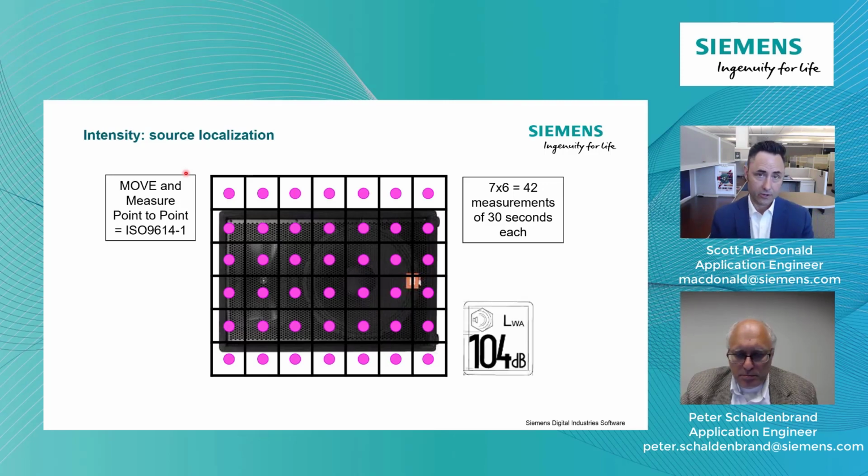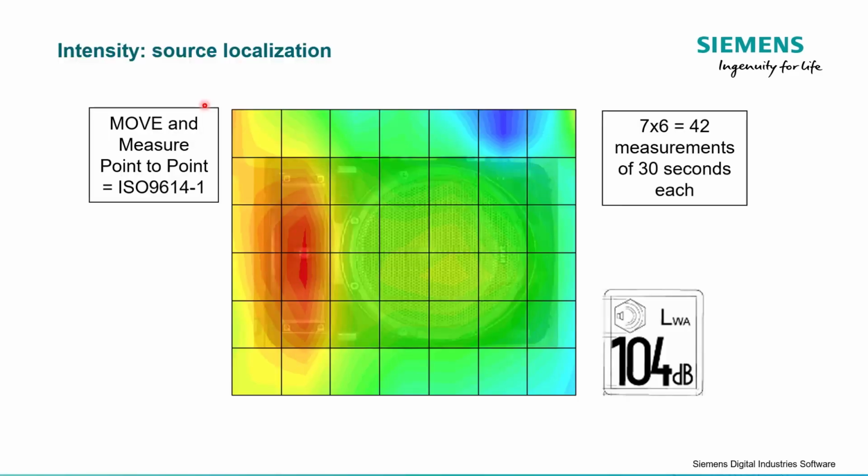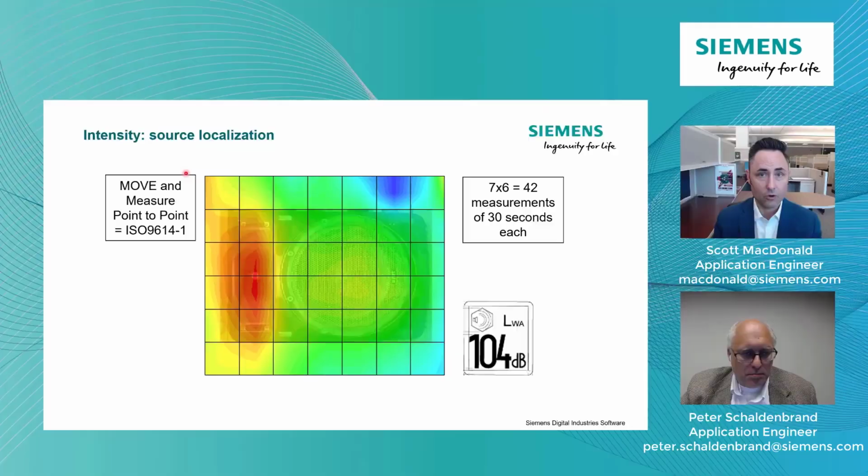I can certainly calculate sound power, but it also allows me to do something like this, where I can now say how much sound intensity comes from which grid points, because I've got a whole measurement and I know exactly where that measurement was taken. It allows me to localize where most of the sound is coming out of our sound source by drawing this contour plot.